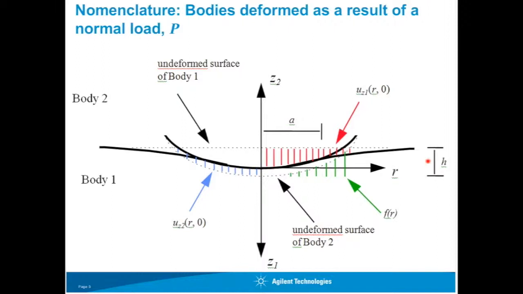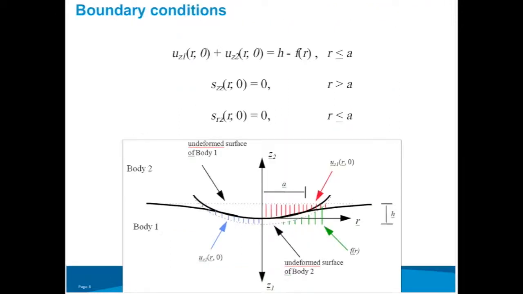In other words, the deformation in body 1 plus the deformation in body 2 plus the original separation distance is equal to the displacement. And actually, this is the first boundary condition in Sneddon's solution.